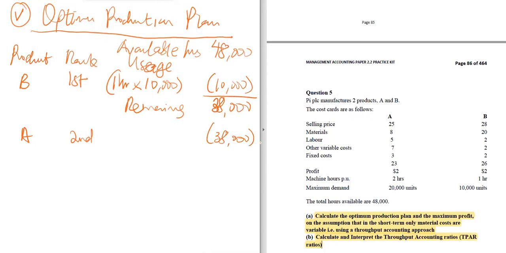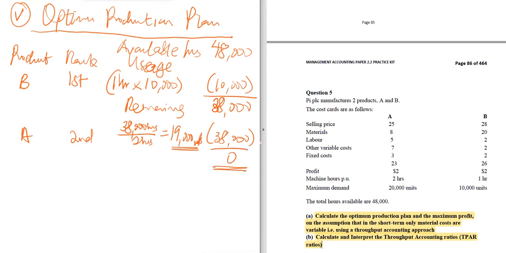So you can just take the 38,000 hours that you have and divide by the hours required, which is 2 hours. That's 38,000 divided by 2. That means you can produce 19,000 units. That's all you can produce. So you have no hours left.